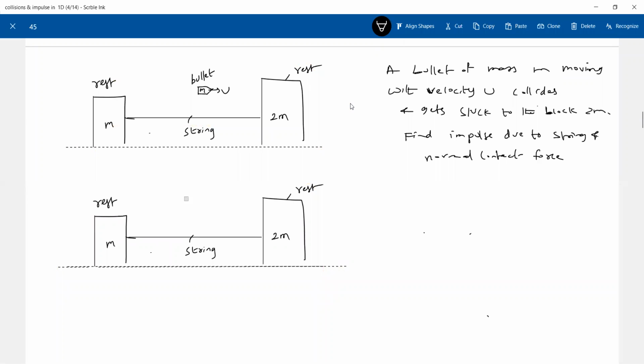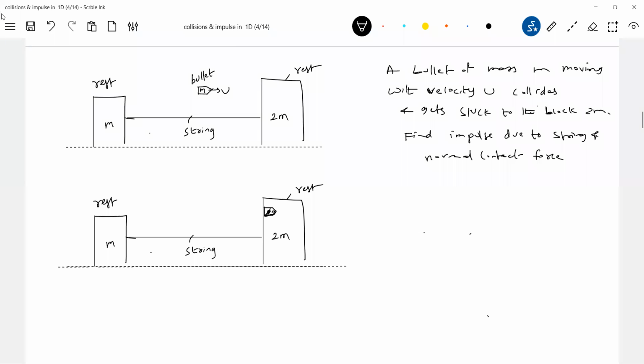Okay, the bullet, what happened? It gets stuck to it. So let me show the bullet like this. Here there'll be a normal contact, which must act.